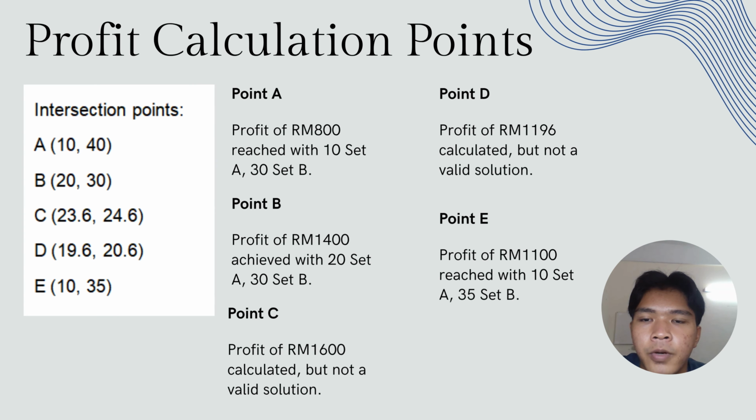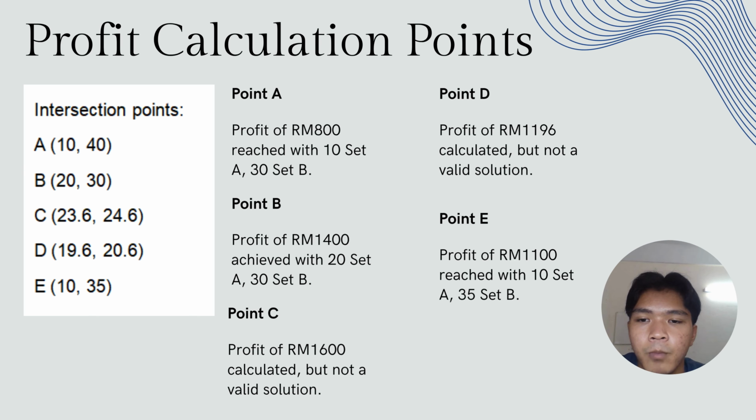Here are several points we test. So, we have five intersection points, which are points A, B, C, D, E. At point A, using 10 sets of set A and 30 sets of set B, we get the profit RM800.